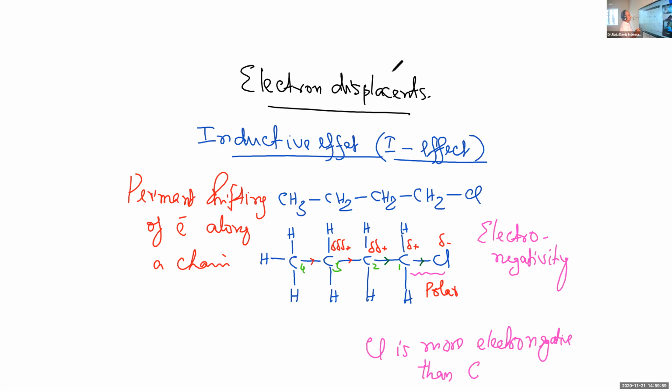And the inductive effect is called minus I inductive effect or negative inductive effect. That means the electron withdrawing effect. Electrons are withdrawn so that the atom becomes partially negative.